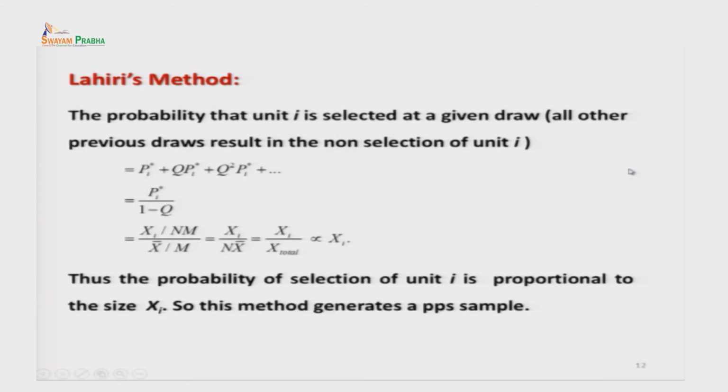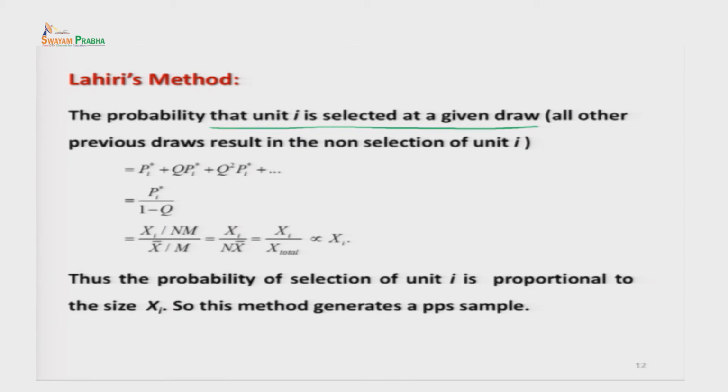Now, we try to compute the probability that unit i is selected at a given draw. Now you see how this unit will be selected. It will be selected in the first draw. It will be selected in the second draw, provided it was not selected in the first draw.